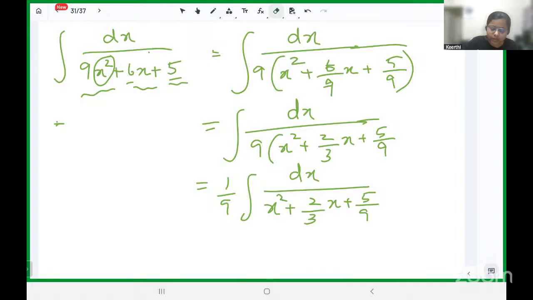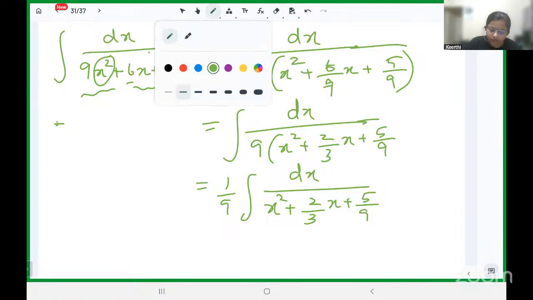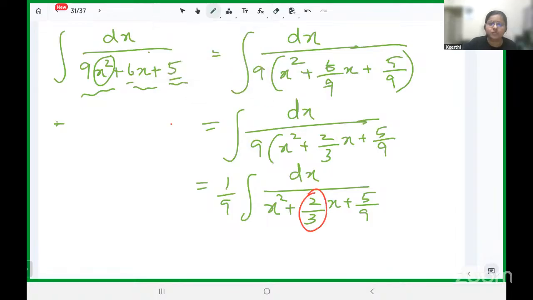How will you do it? Take the coefficient of x. Here the coefficient of x is 2 by 3.